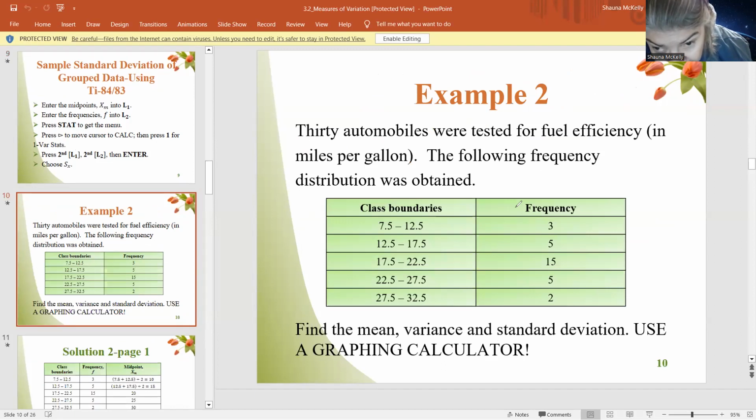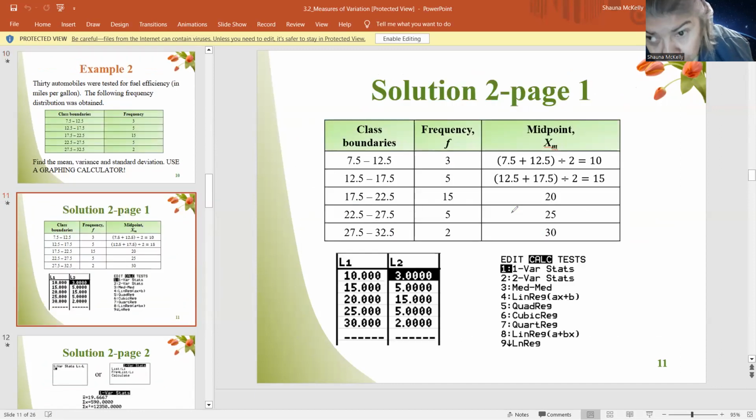So here she gives you an example. The example has class boundaries or class limits, it doesn't matter, and the frequency. You need to add in the midpoint column, and then you go to your calculator and you do the procedures. So we're going to do that now for one of the problems on here.